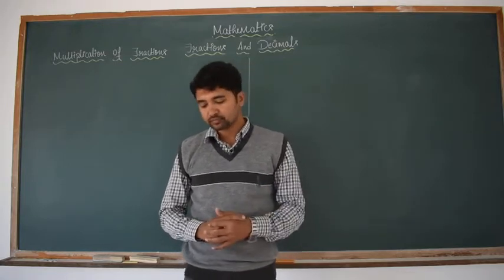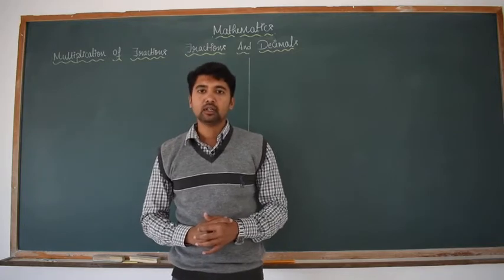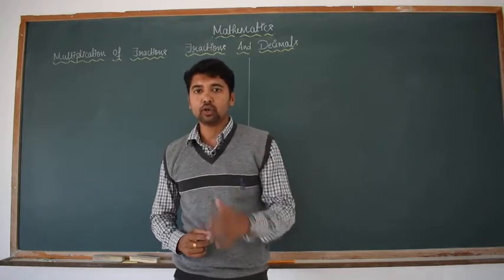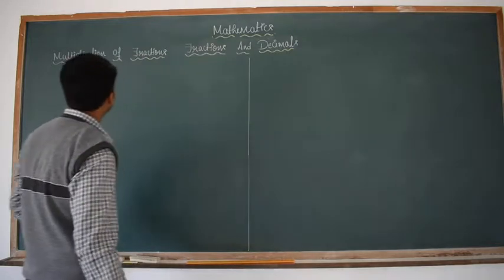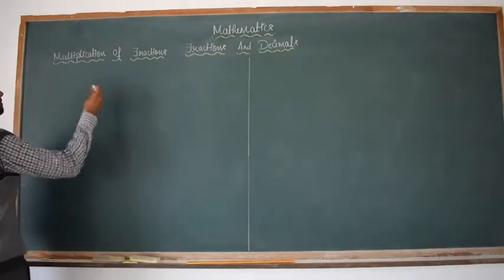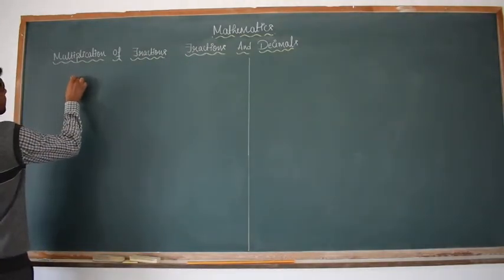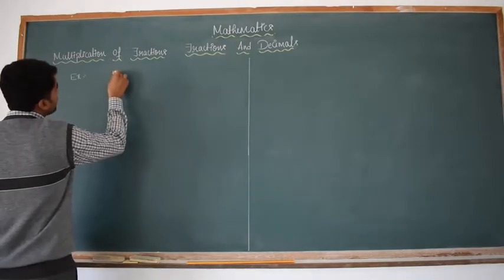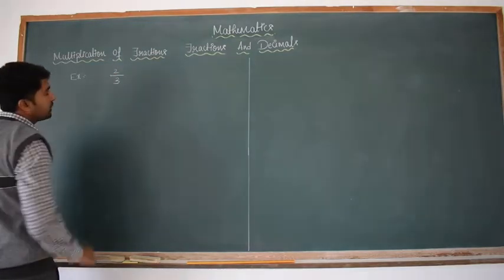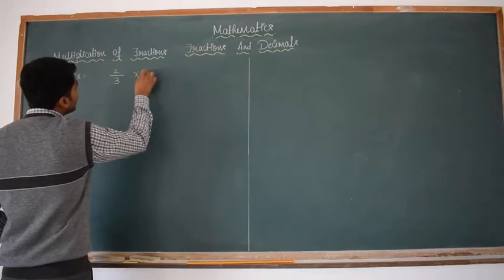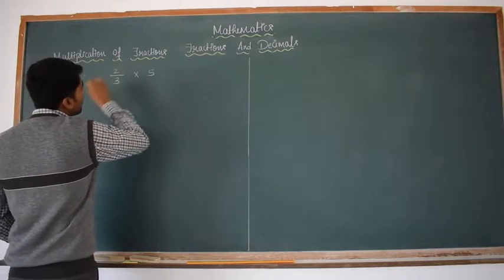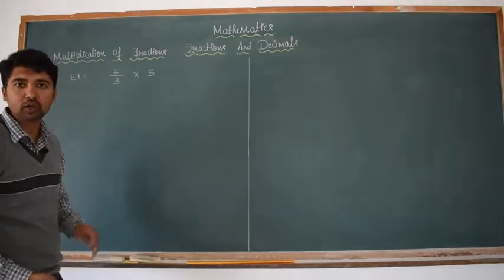Yes, dear students, for example, a fraction to be multiplied with a whole number, what must be done? Example, 2 by 3 is a fraction to be multiplied with 5, a whole number. What you have to do?